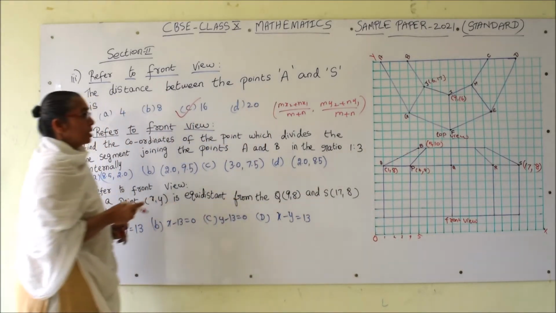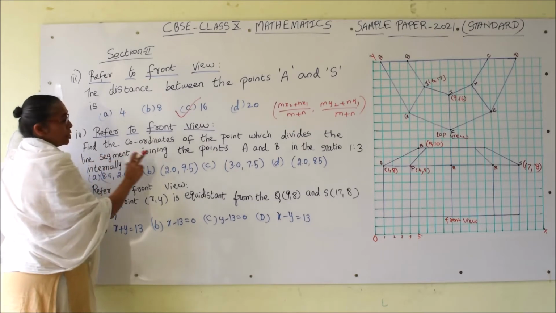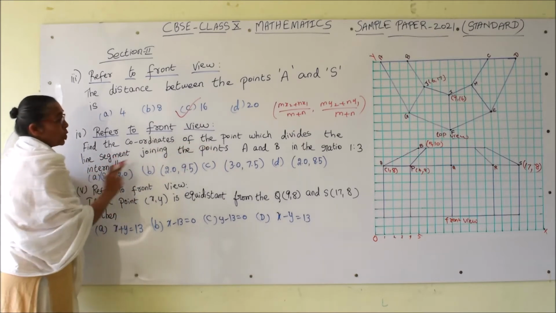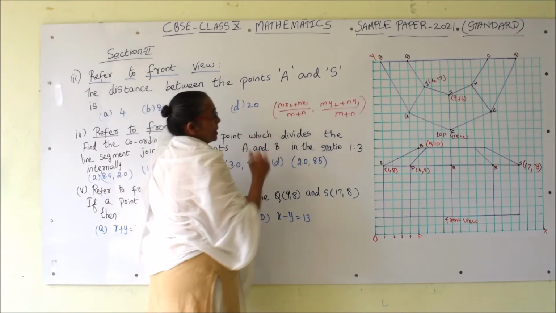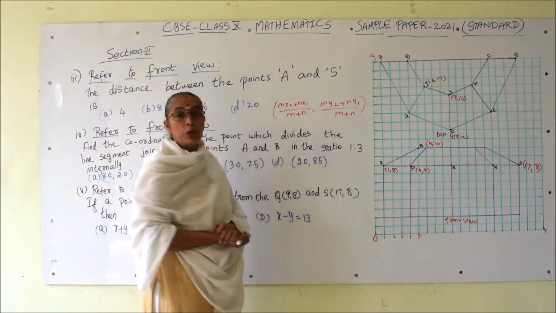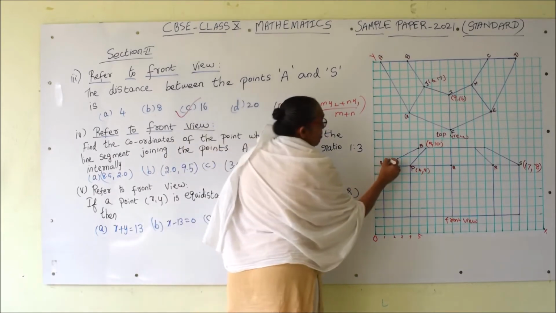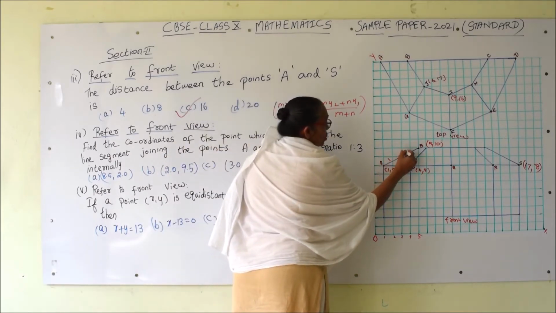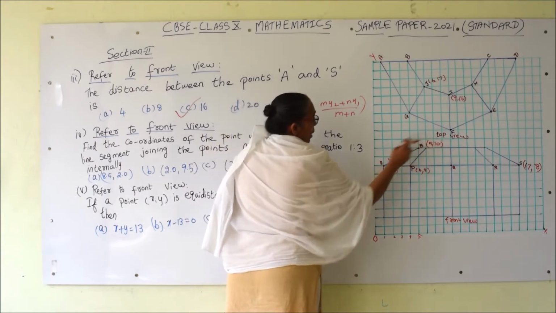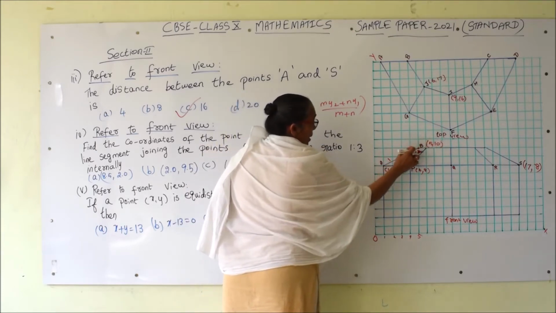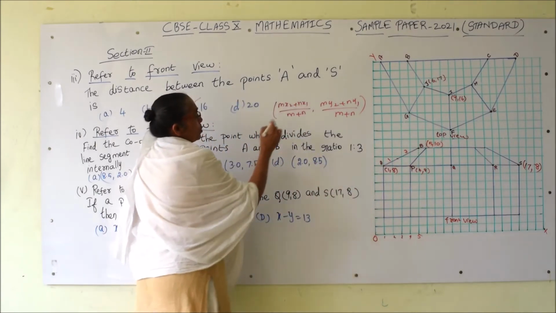Now, the question is to find the coordinates of the point which divides the line segment joining the points A and B in the ratio 1:3 internally. So, the internal formula is (mx2 plus nx1) by (m plus n), (my2 plus ny1) by (m plus n). Here m to n is the 1 to 3 ratio. So you need the points (x1, y1) and (x2, y2). So 5 ones are 5 plus 3 ones are 3, 8 divided by 3 plus 1, 4.